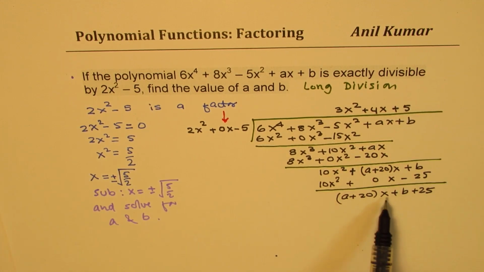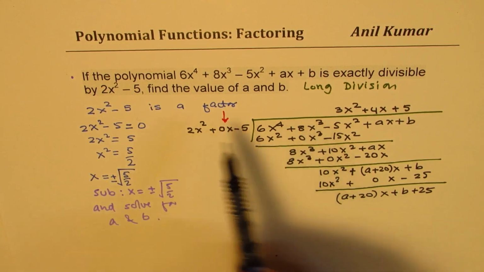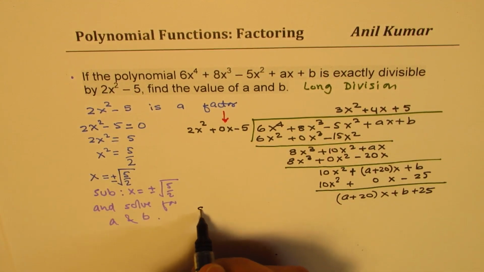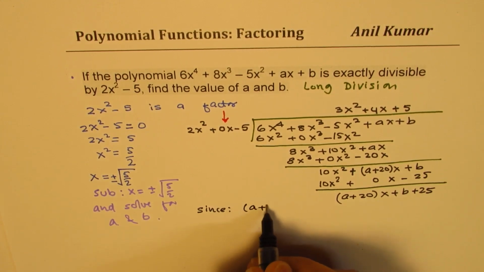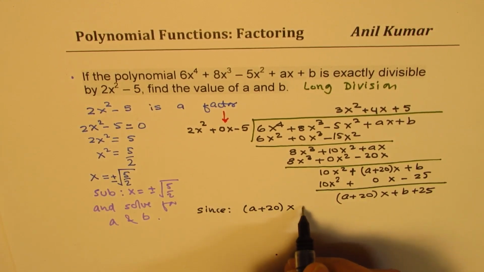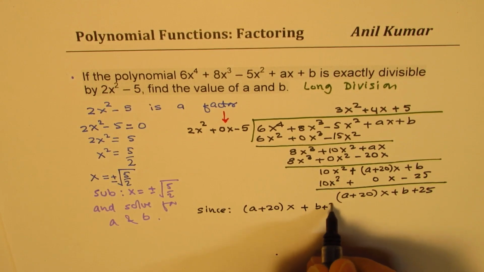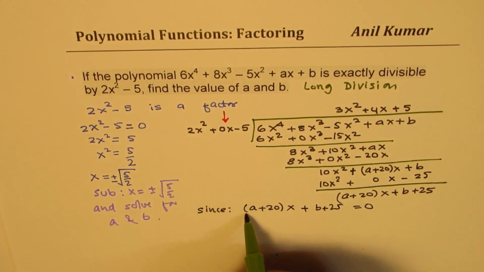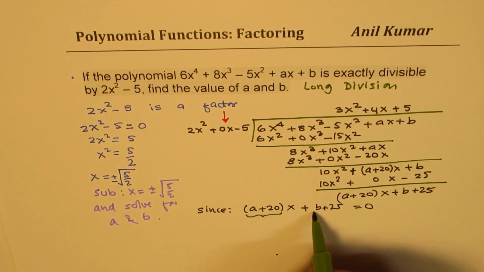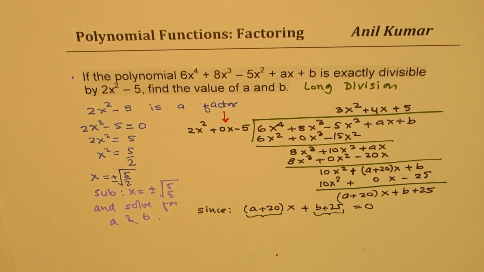Now you say that the remainder should have been 0, right? So the remainder should have been 0 because it is a factor. Now since this remainder, which is a plus 20x plus b plus 25, should be equal to 0, it really means what? It means that a plus 20 should be 0, and this is also equal to 0, right?